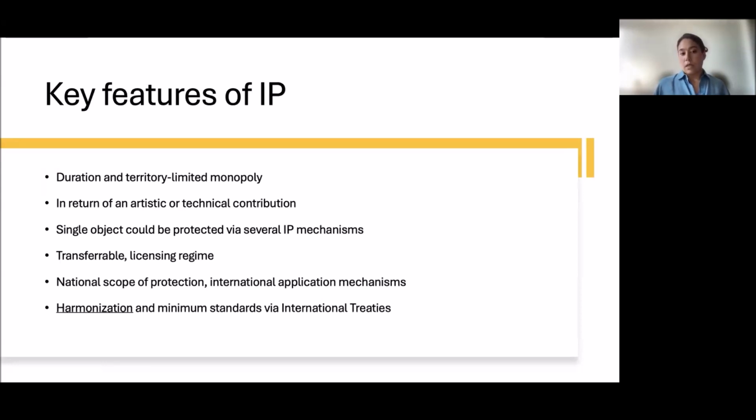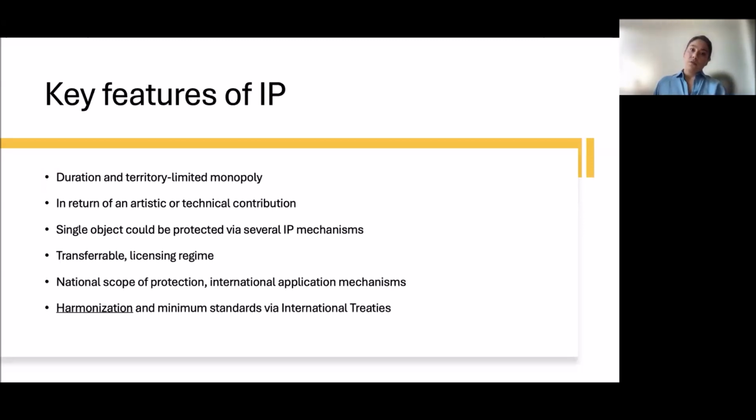And in the case of patents, it's kind of a reward by the public because the inventor contributes to the state of the art so that the public can benefit from it. And a single object, a seed, could be, for example, both patented and certified as a form of plant breeders' rights.